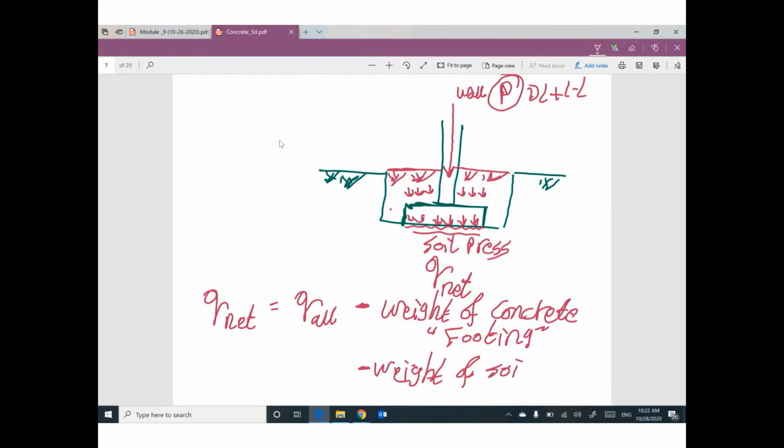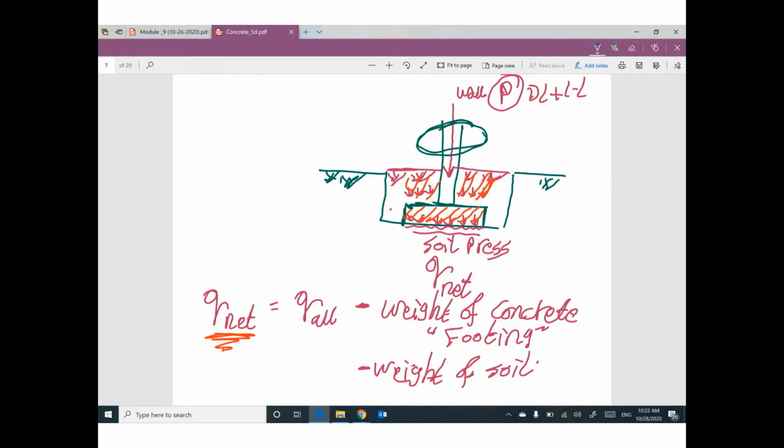So if you did Q net, you canceled the weight of footing, you canceled the weight of soil. We still have only the load coming from the wall or from the column.